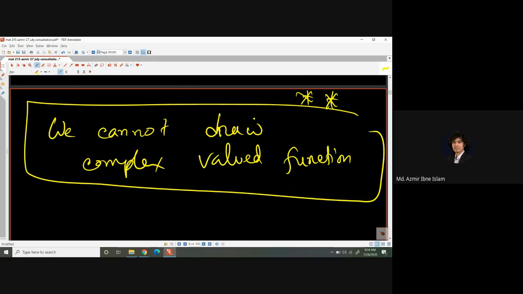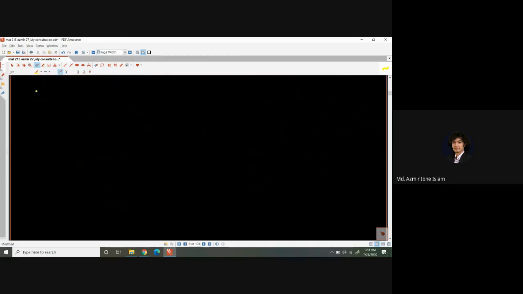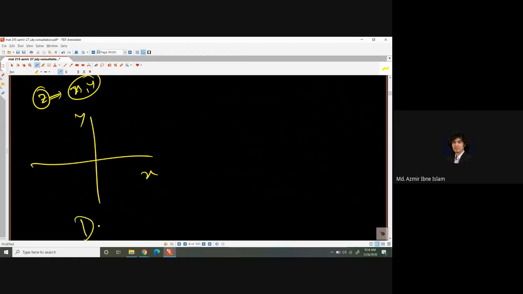But in some sense we can draw. You have seen that for the domain, or z, we just need two dimensions, that is x comma y. So here we have x and y. This total part is now acting as the domain. Whatever you have seen in a real valued function, the x-axis is the domain.